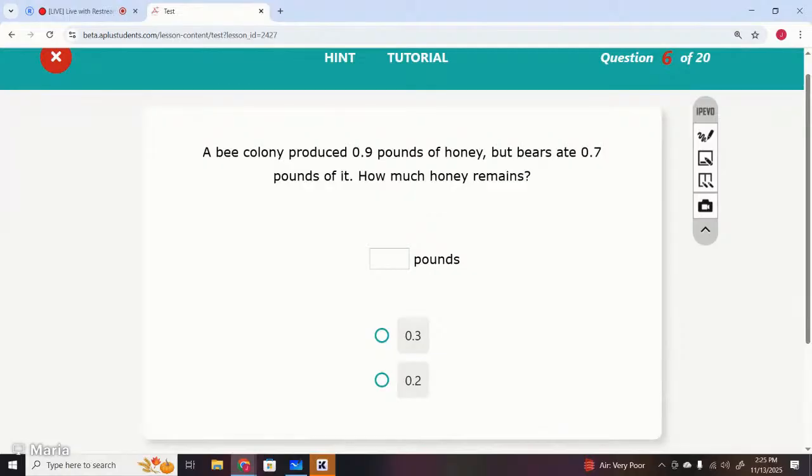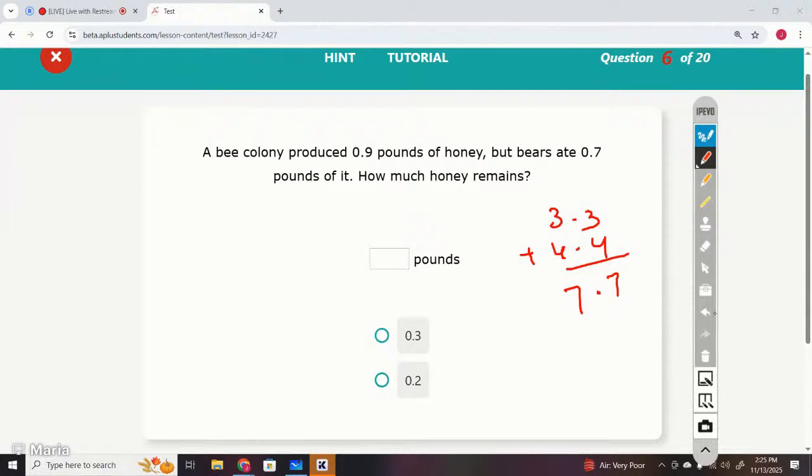Okay, the next one is a bee colony produces 0.9 pounds of honey, but a bear eats 0.7 pounds of it. How much honey remains? So you need to calculate the honey that remains. So we need to calculate 0.9 minus 0.7. 9 minus 7 is 2.